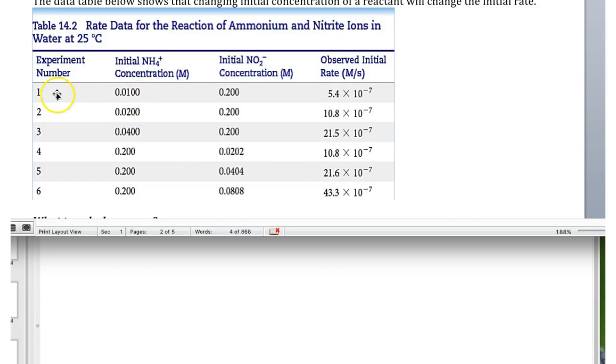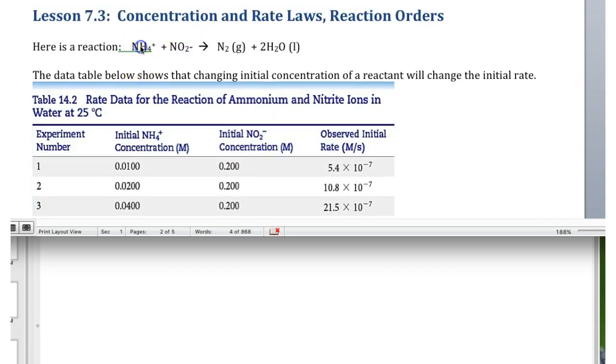Compare and contrast. So if you look at experiment 1, we start with a concentration of 0.01 for ammonium. And then we go down, it doubles. Like any experiment, we keep the other variables constant. So if we double the ammonium, how does this affect the rate at which these reactants disappear?